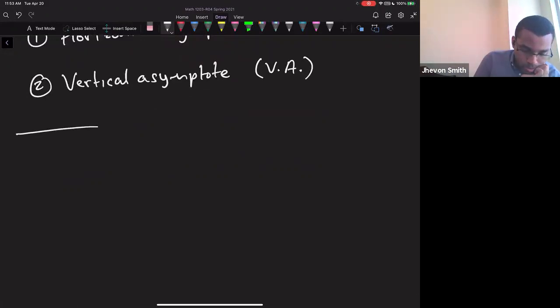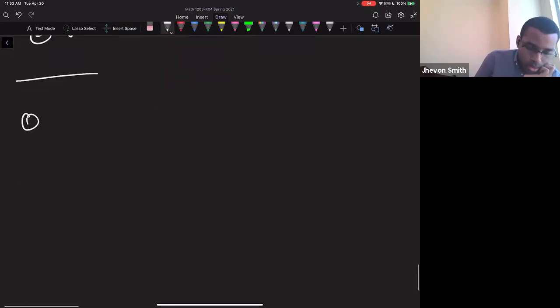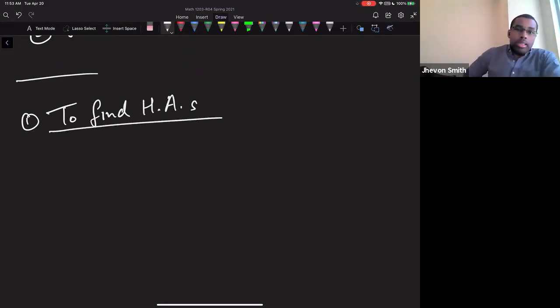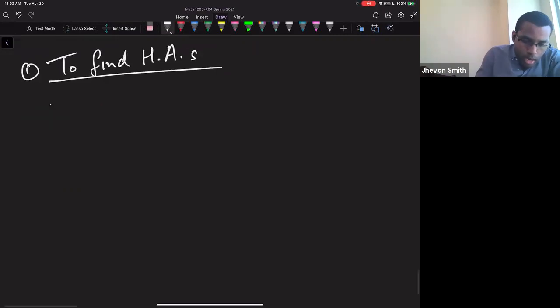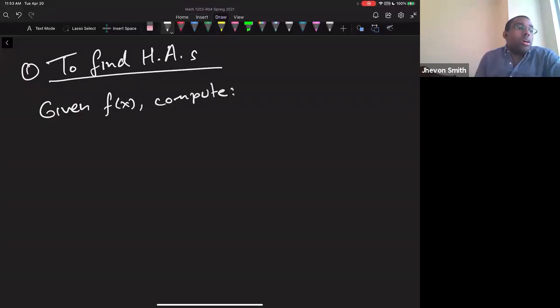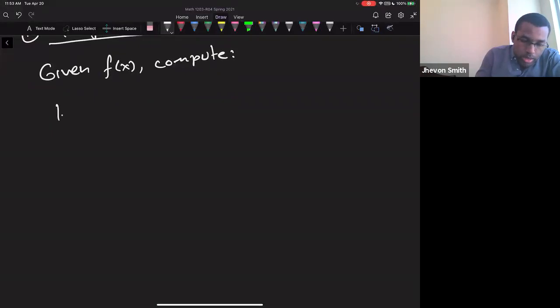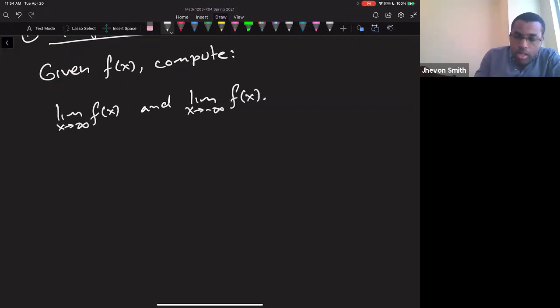Let's take them one at a time. One, to find HAs, how do you go about finding horizontal asymptotes when they exist? Given f of x, compute the following. We are going to compute the infinite limits. Limit as x approaches infinity of f of x, and limit as x approaches negative infinity of f of x. So you're going to find the limits at infinity.